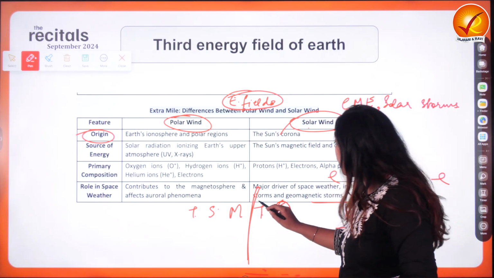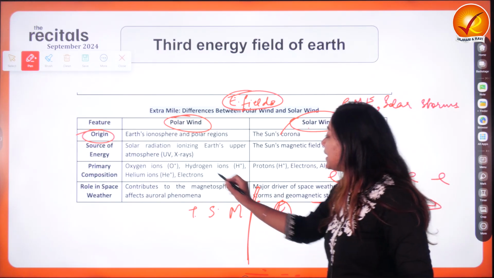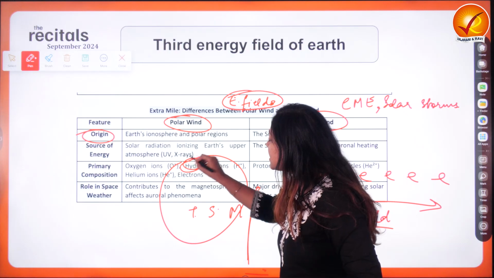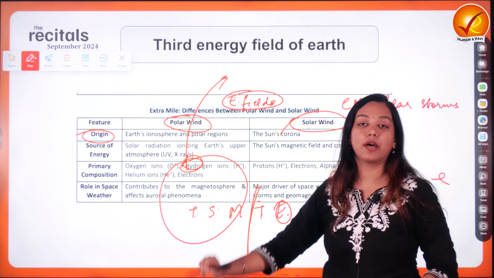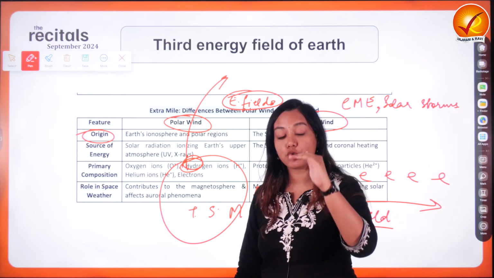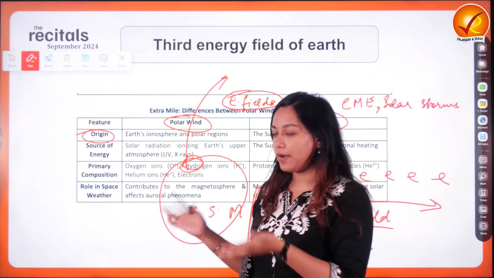And then all of it, because it is driven by electric field, these electric field lines try to evict this plasma out into the space. And this is known as a polar wind. So the origin is not the surface, the origin is the upper atmosphere. What is the reason? We have already discussed.